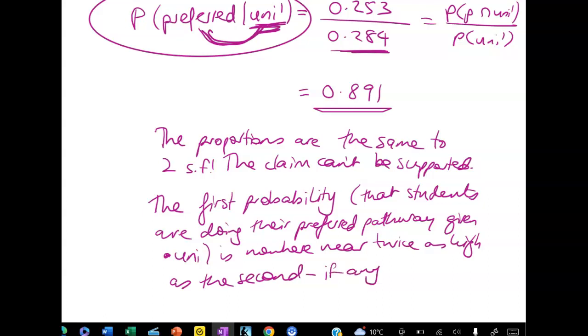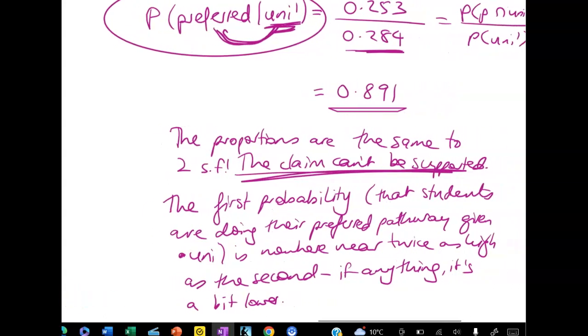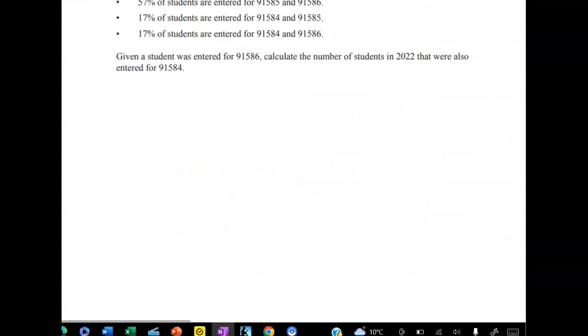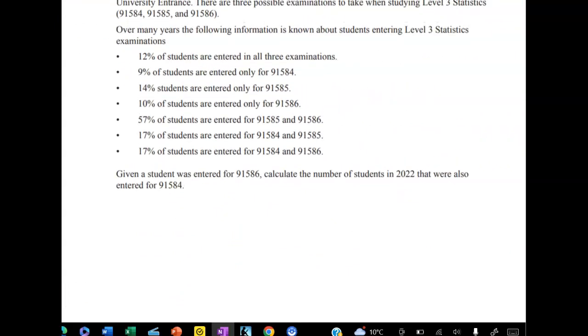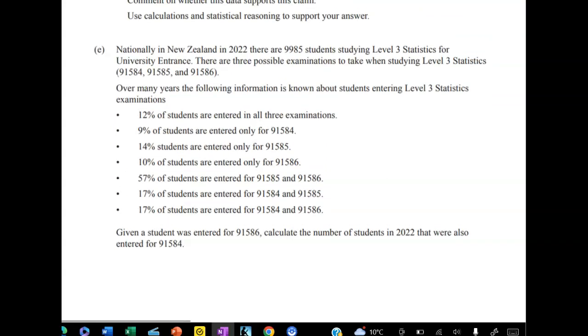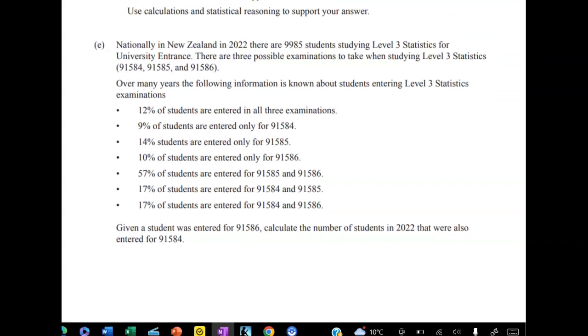If anything, it is a tiny bit lower. So it's really important that we say whether we can support the claim or not. As I said, I think that was a really wordy question and it made it a bit painful to write up. Now this next one is about students taking level 3 stats.